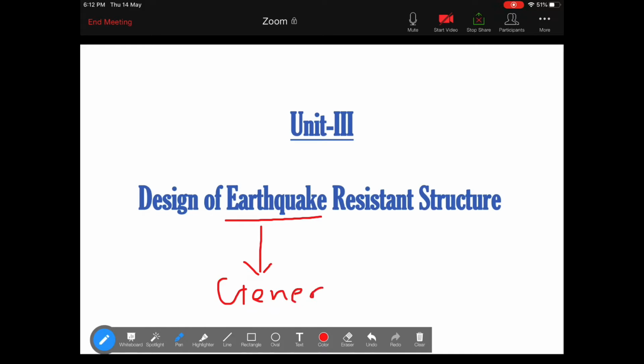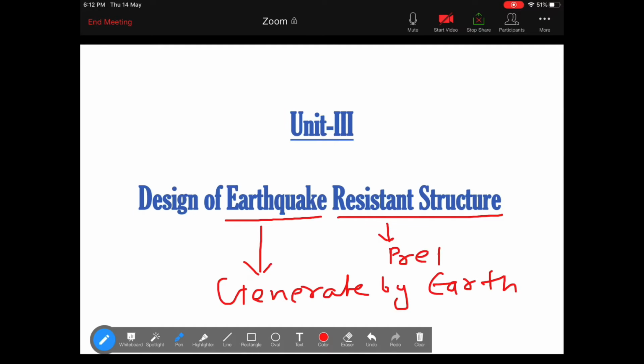And these waves cause structure damage. It is very important for a civil engineer to study earthquake waves and avoid all the damage in the structure.